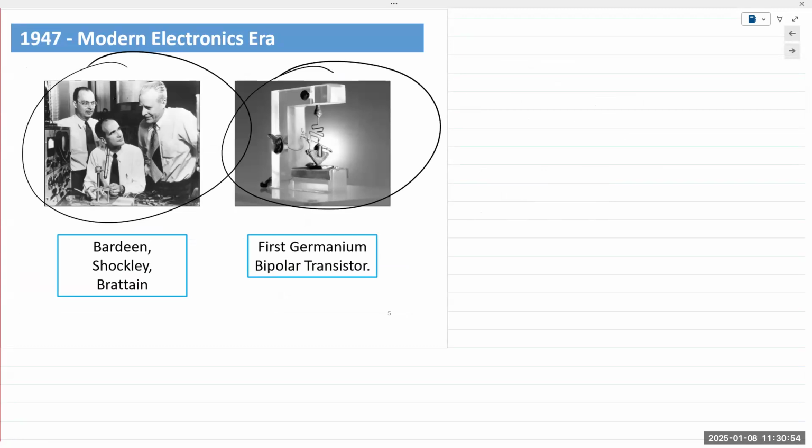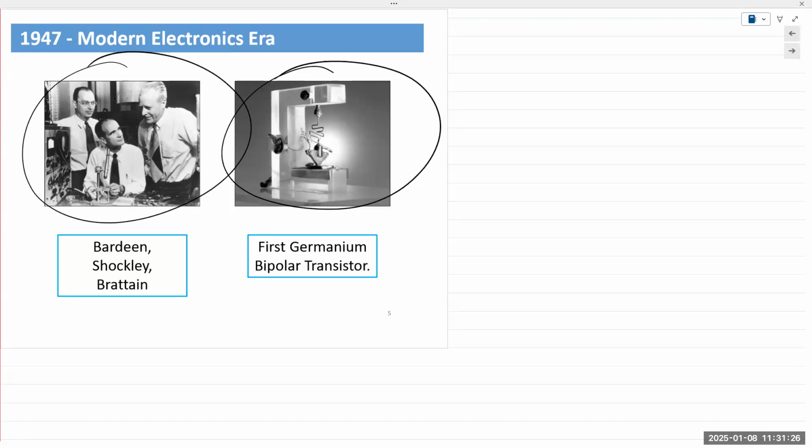Okay, this was at Bell Labs, shortly after World War II, in the late 1940s. There were three scientists or engineers working at Bell Labs, and they made a working prototype of a solid state transistor. So this was the first solid state device shown to work efficiently.